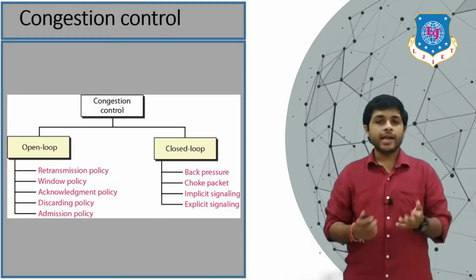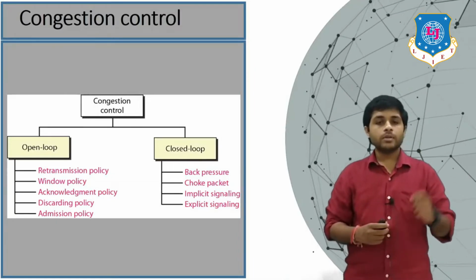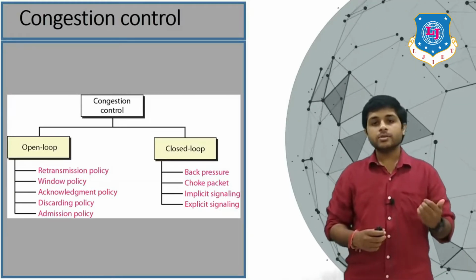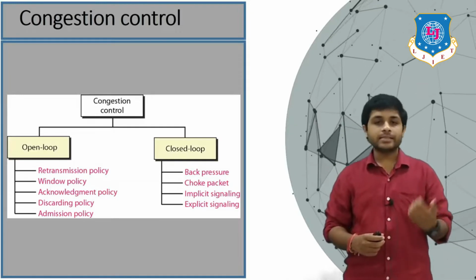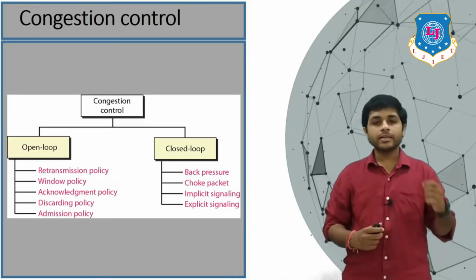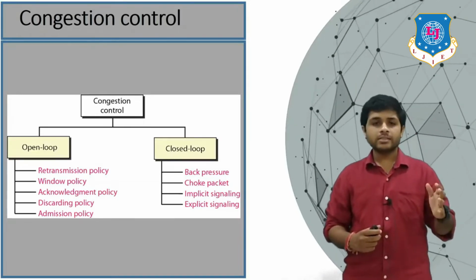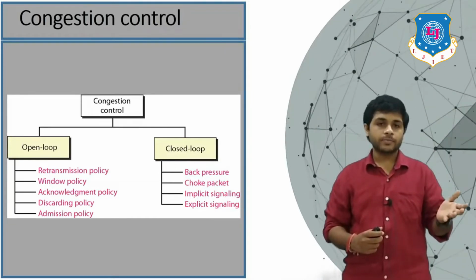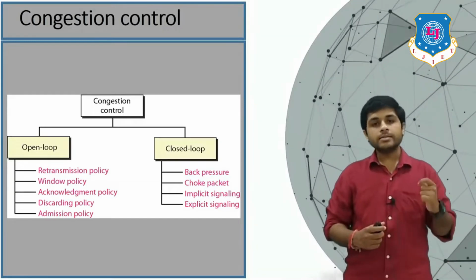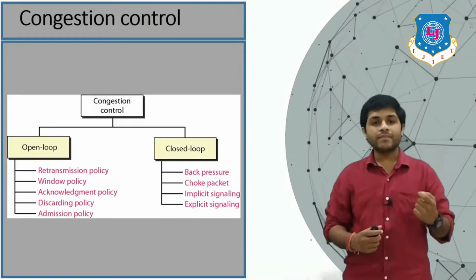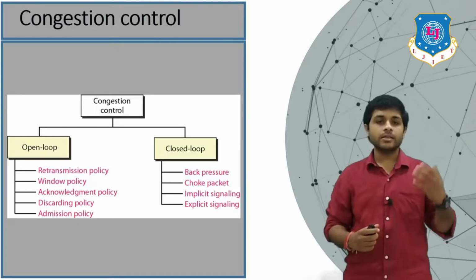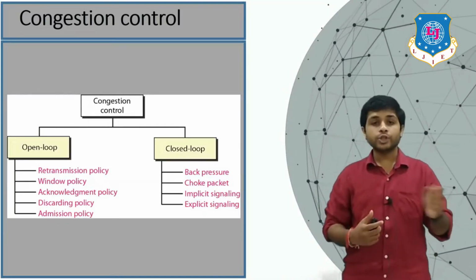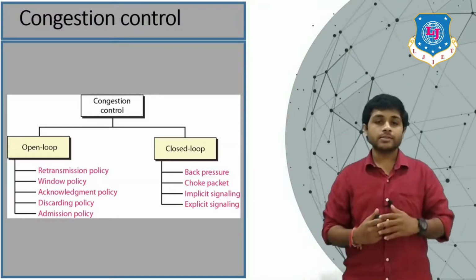Then there is the acknowledgement policy. The acknowledgement can be of two types. The sender can receive an acknowledgement for every packet it has sent, or it can receive an acknowledgement for, let's say, every 10 packets or every 5 packets. If the sender is receiving an acknowledgement for every packet sent, in that case there will be so many packets traveling to and fro between the sender and the receiver in the link.